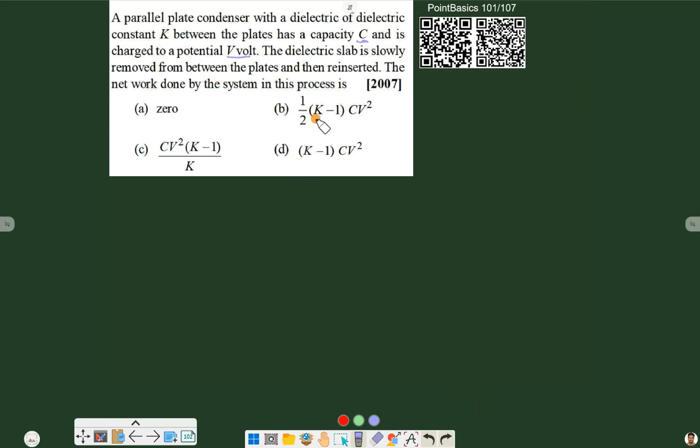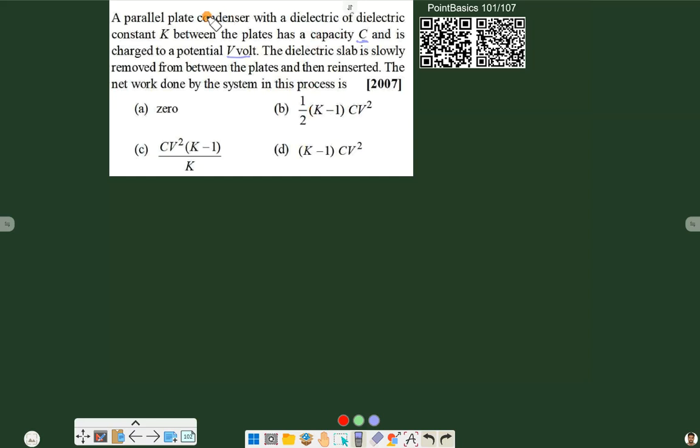So in this question, first we have to find some particular value that remains constant throughout this whole process. First we remove the slab and then we insert it back. Then we have to find a particular value which will remain constant throughout this process.